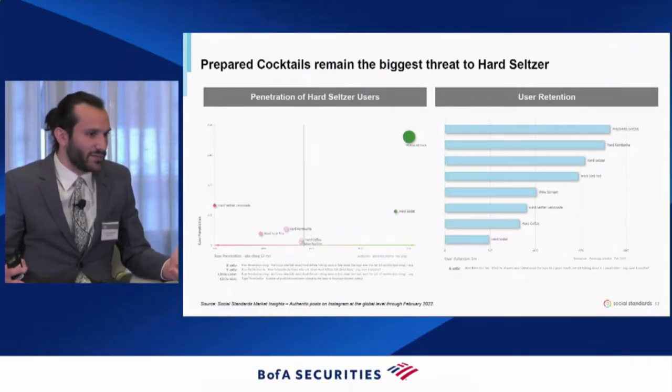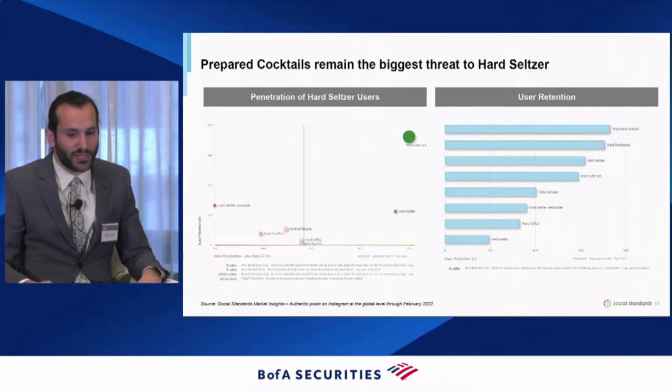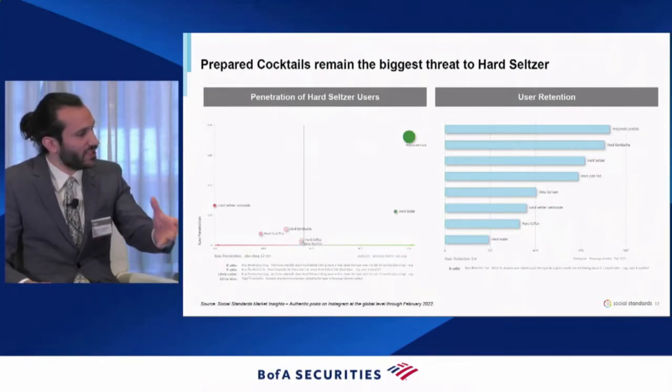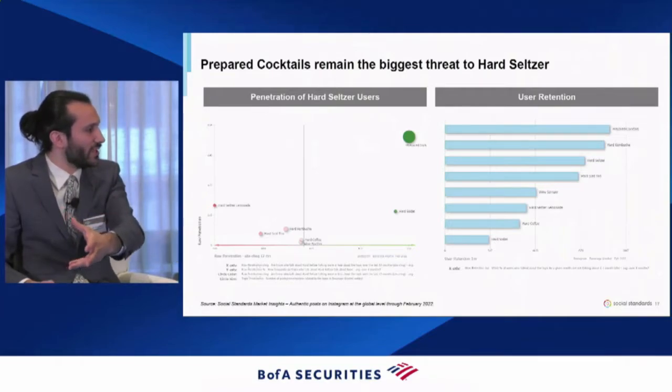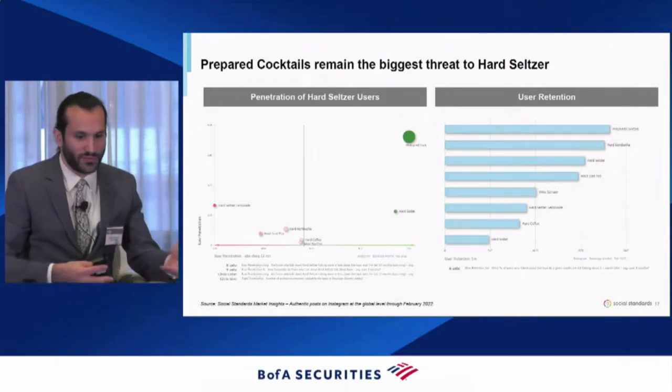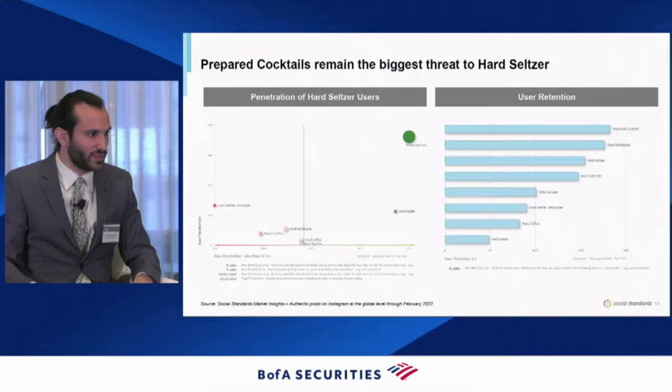The biggest threat, ultimately, to the hard seltzer category is prepared cocktails. Given what we've seen in the previous charts, it doesn't seem like there's so much that's incremental to the hard beverage space. So any sort of changes we're seeing are ultimately a shift that's happening from hard seltzer to prepared cocktails. Hard seltzer still is the biggest category, but that share is being dwindled into.